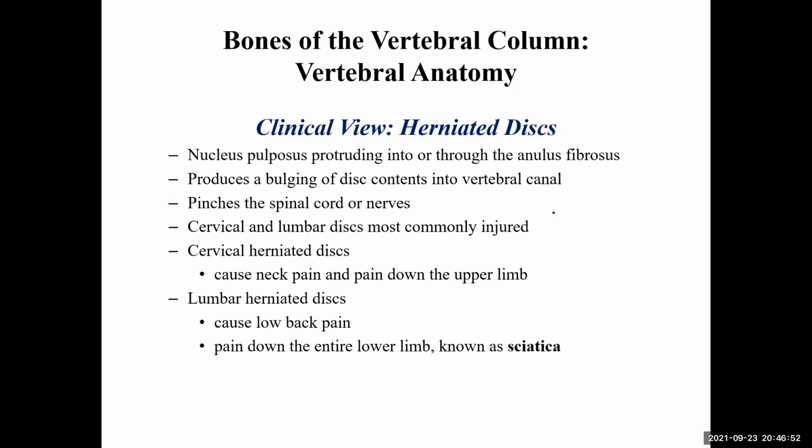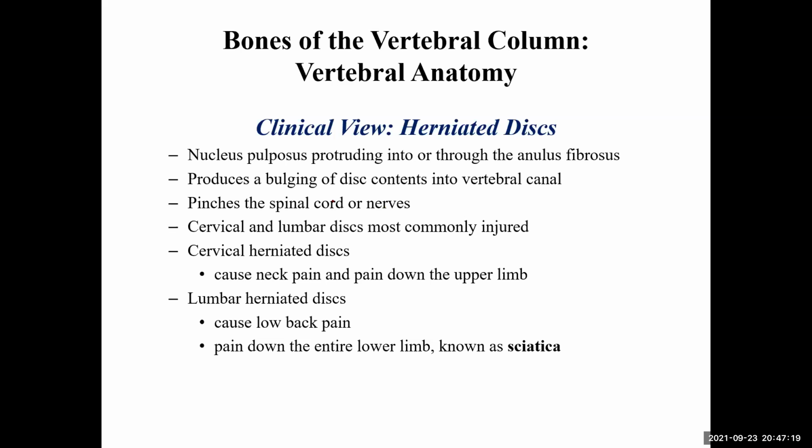All right, so disc herniations. Real brief, I know I mentioned this before. Remember that the disc is made up of two components, the nucleus pulposus and the annulus fibrosus. The annulus fibrosus is that fibrocartilage ring-like structure that contains the nucleus pulposus. What will happen is the nucleus pulposus finds a weakness in the annulus fibrosus and it squirts out.